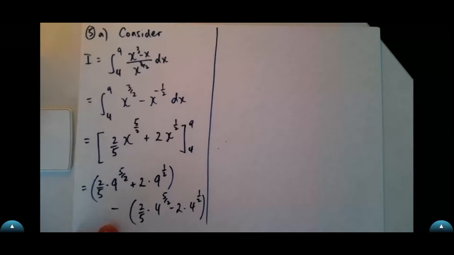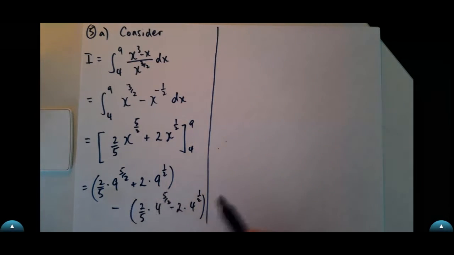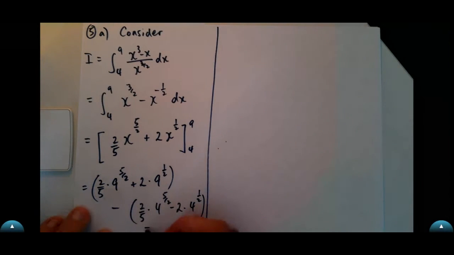You're going to get some square roots there, and when you simplify this, I won't put all the details down, I think you get 82 2/3.